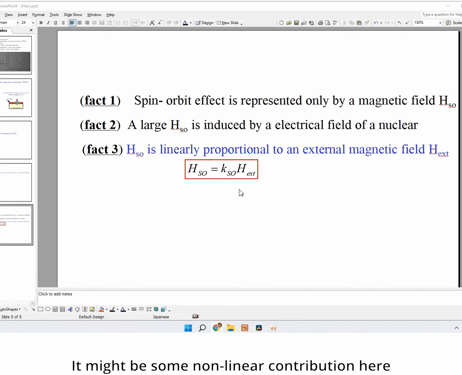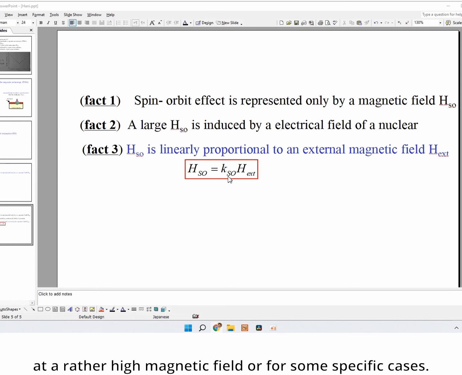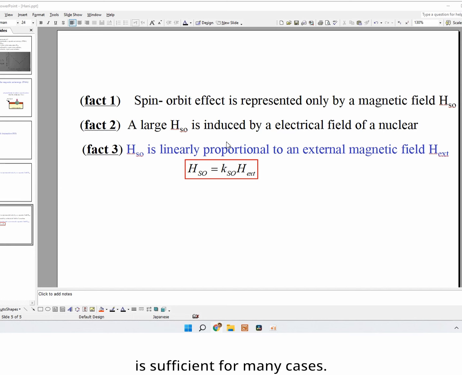There might be some nonlinear contribution here, but it is only substantial and therefore important at a rather high magnetic field or for some specific cases. As you will see later from my experimental measurement, considering only the largest linear contribution is sufficient for many cases.